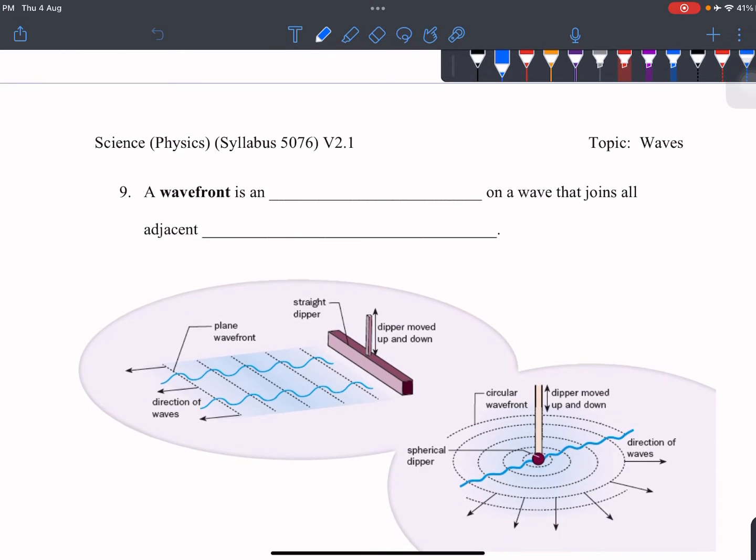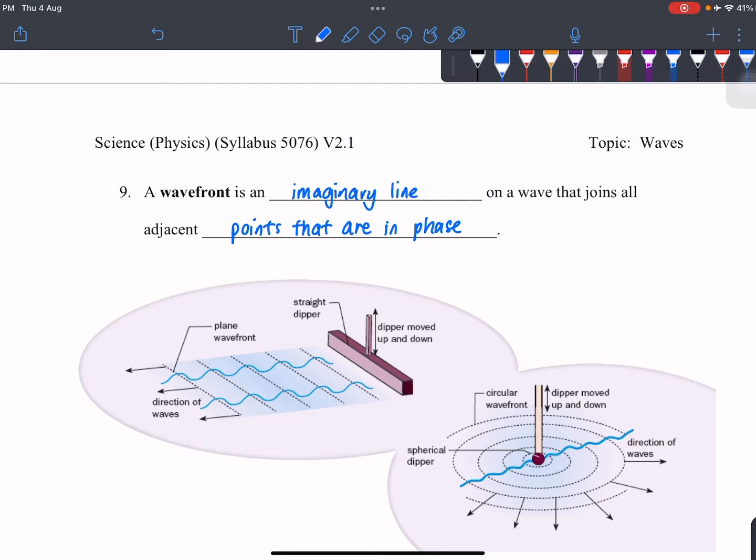So what is a wavefront? A wavefront is an imaginary line, and it joins all the adjacent points that are in phase. So what does it mean?